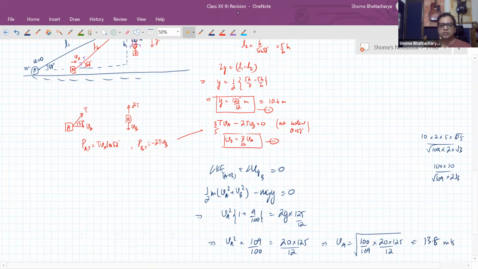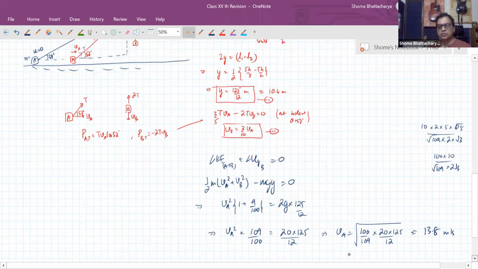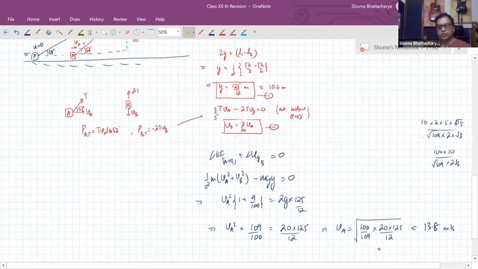Very good. Okay, and VB will be 0.3 times this. So approximately 4.15 meters per second or 4.2 or whatever.